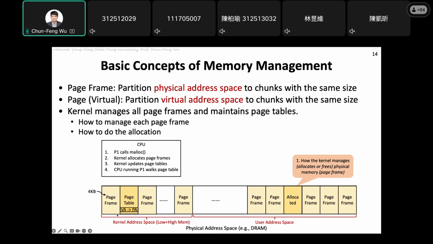And also the virtual address space mapped to this physical address space should also be continuous. So for a page, both the virtual address space and physical address space should be continuous. There should be a continuous 4 kilobyte area. This is very important for the design of paging.